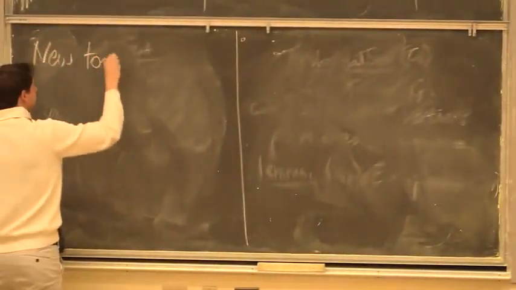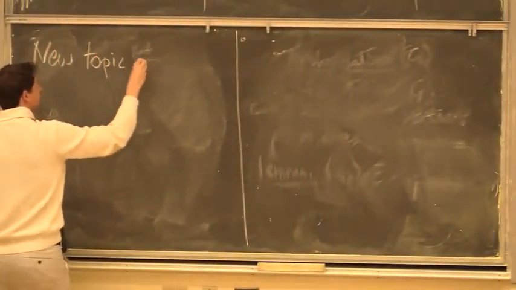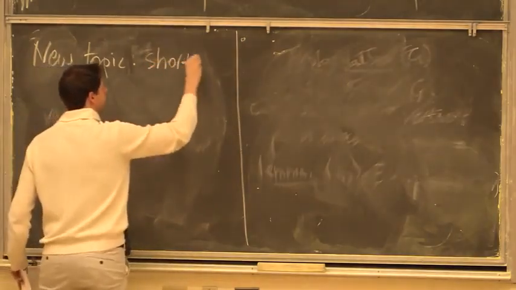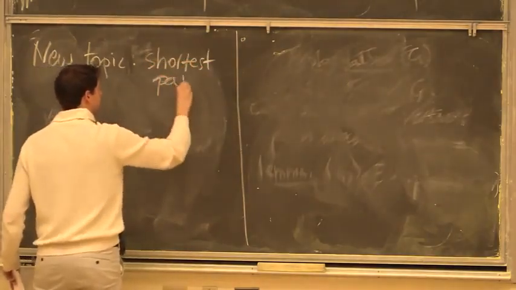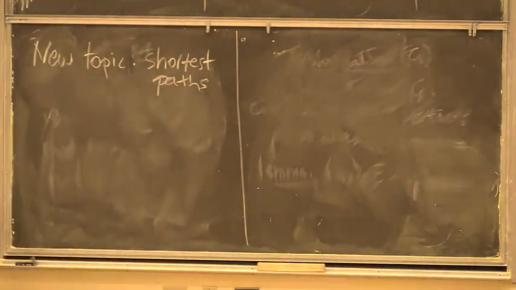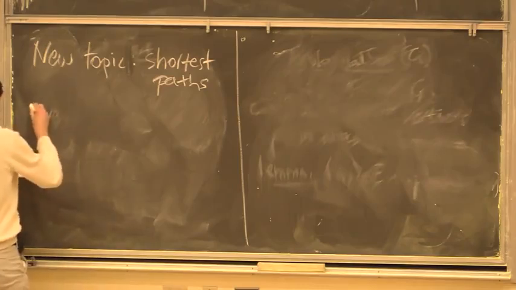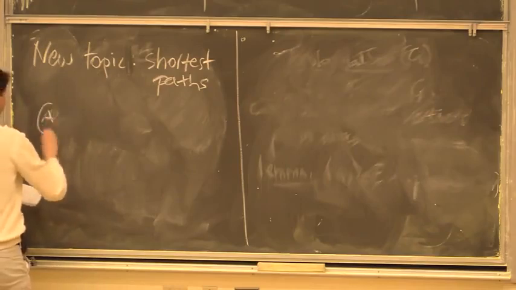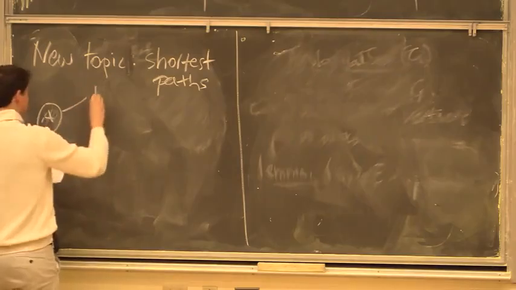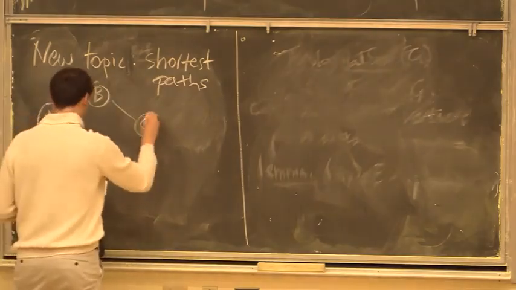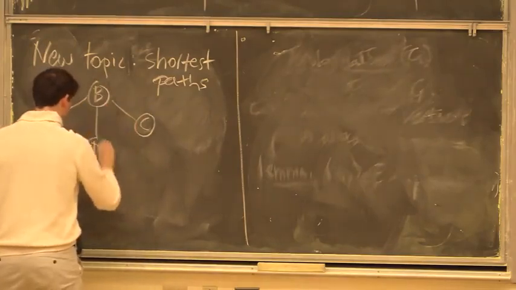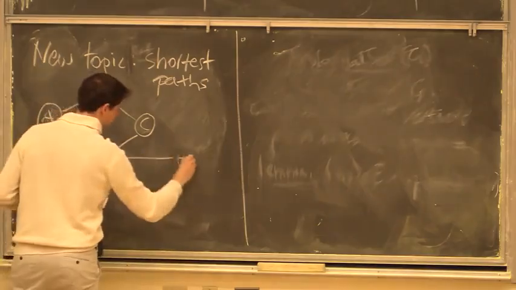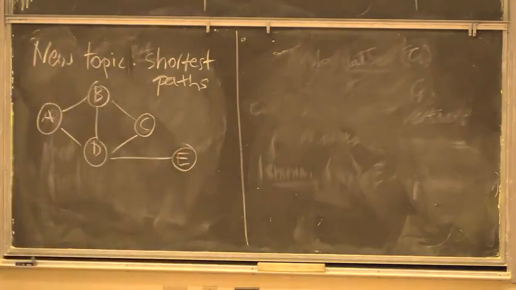So it's a new topic: shortest paths. Let's define it by example. Let's say that we're going to start first with undirected graphs. Here's a small undirected graph.